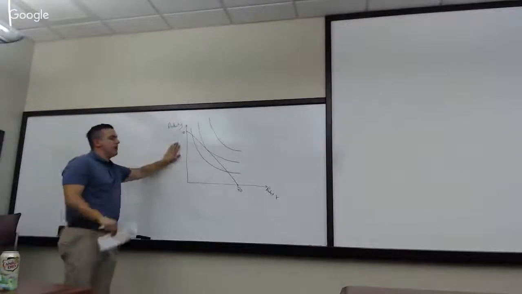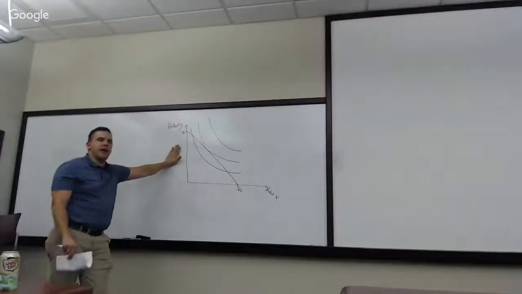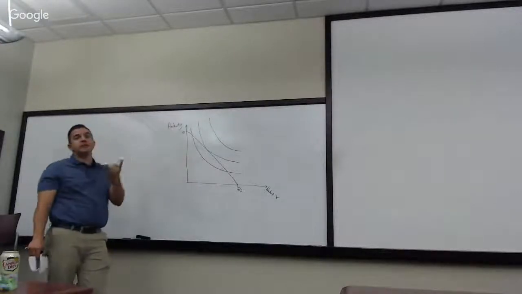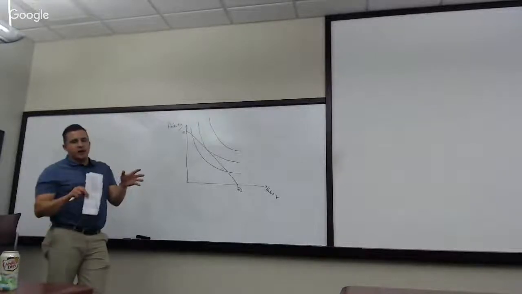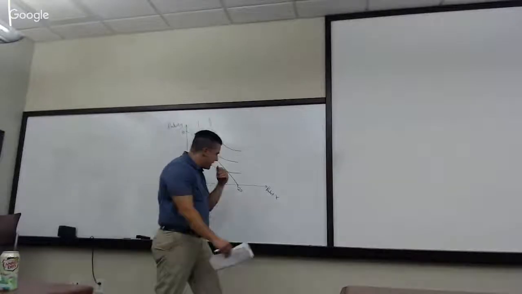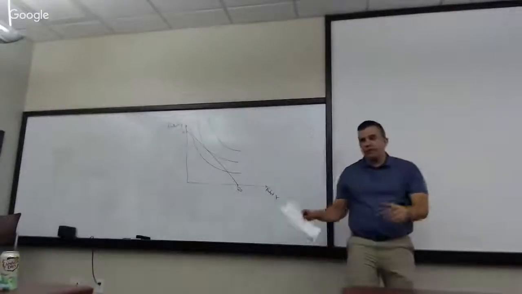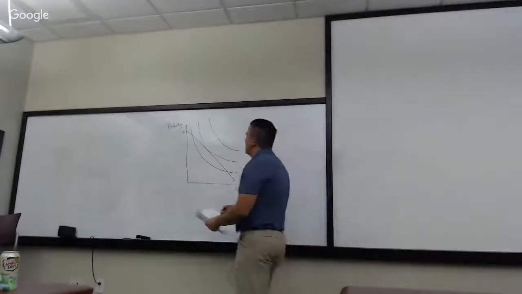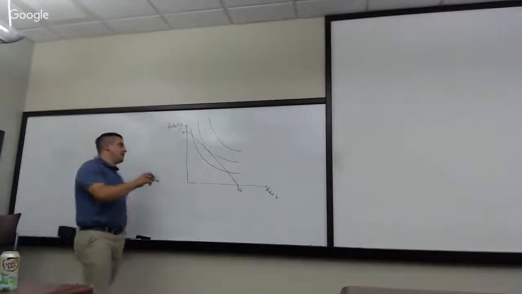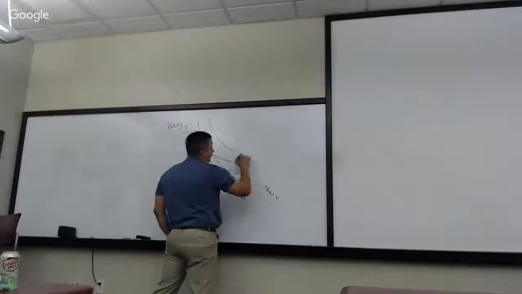In this model that we're working with, a consumer operates in a world where they have an income that's split between two goods. So they have to choose how much of their income they're going to allocate to good Y or good X. They're only buying two goods with this portion of their income, and so they have to make a choice between the two. And they have what are called indifference curves.